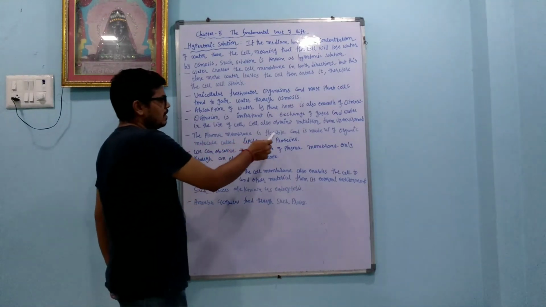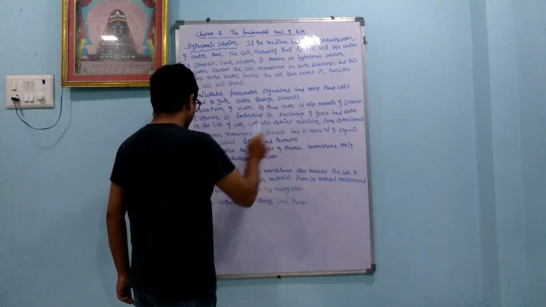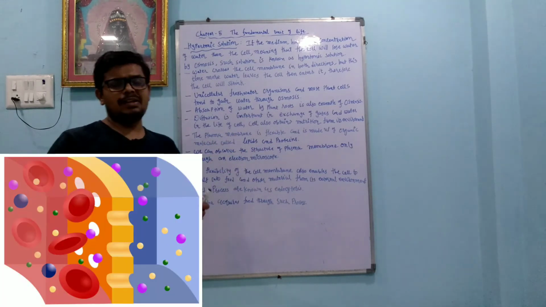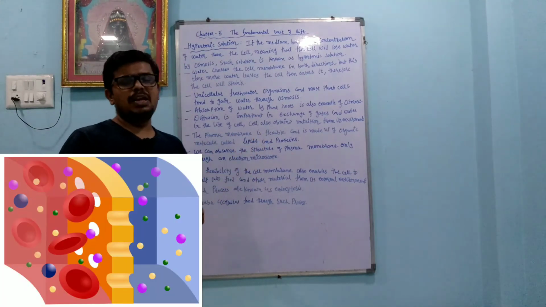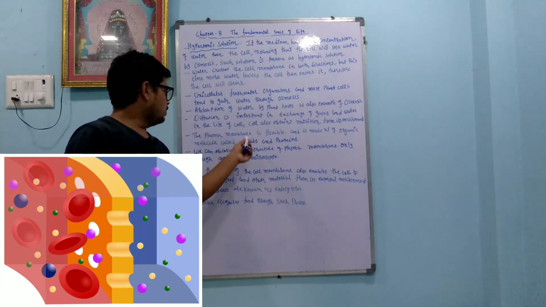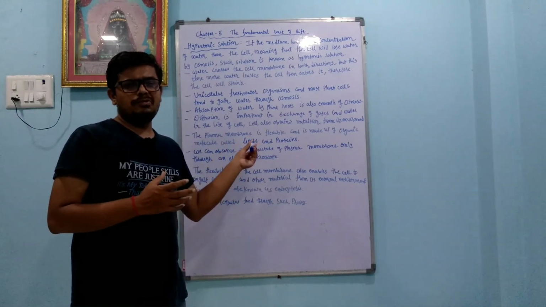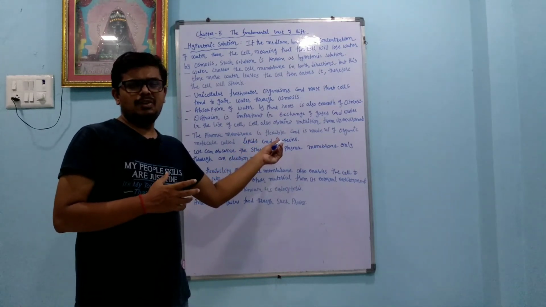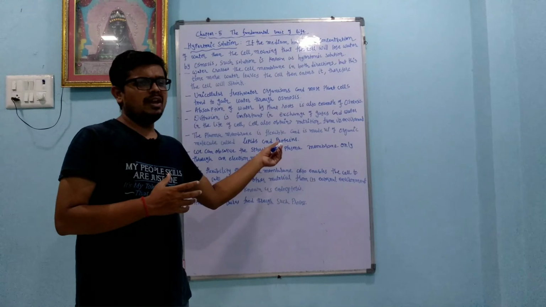The plasma membrane is flexible and is made up of organic molecules called lipids and proteins. Lipid is fat, and protein, we know, is made up of carbon, hydrogen and nitrogen.